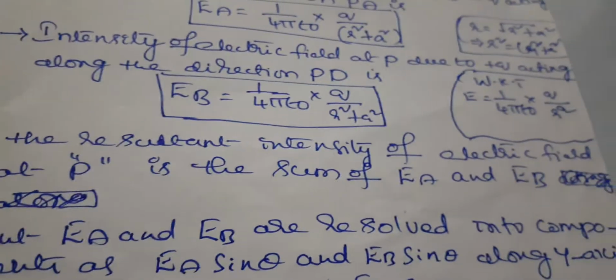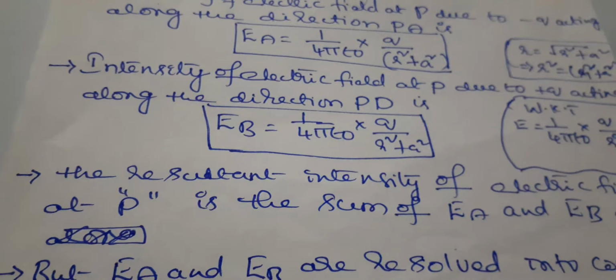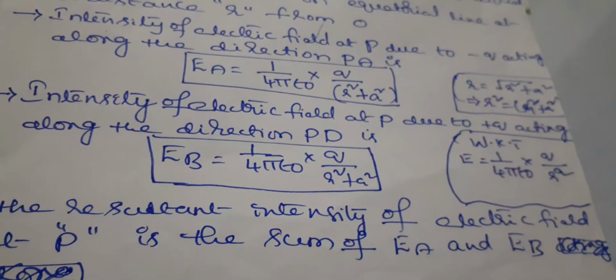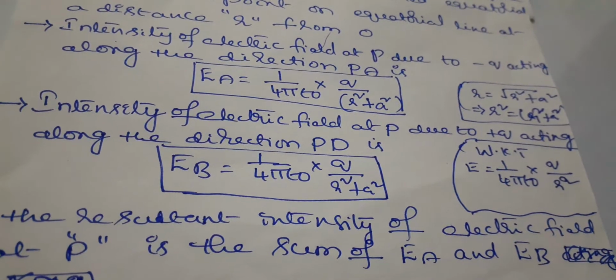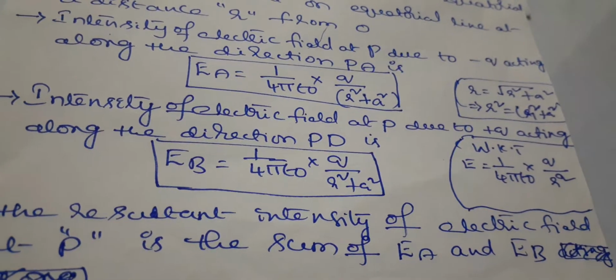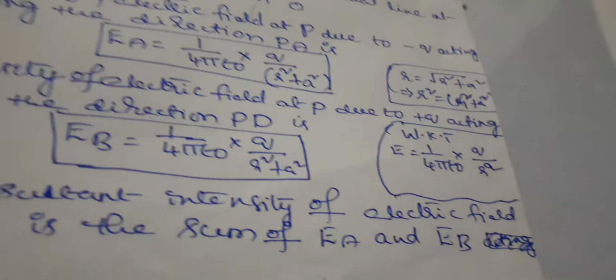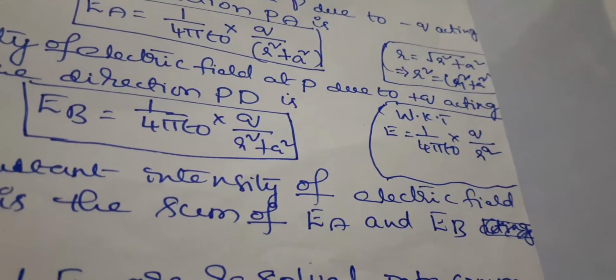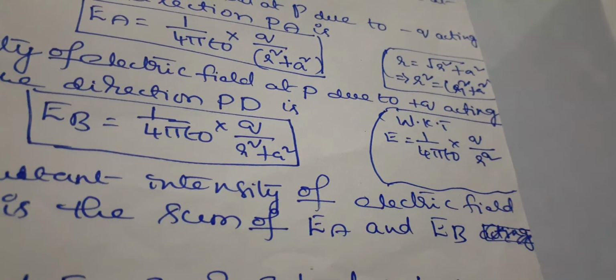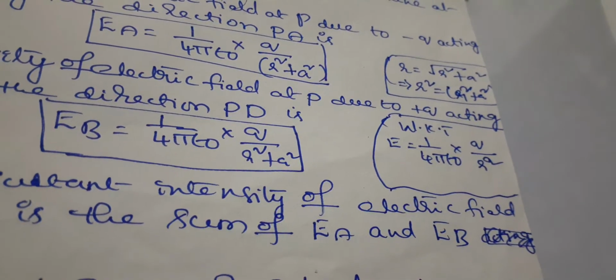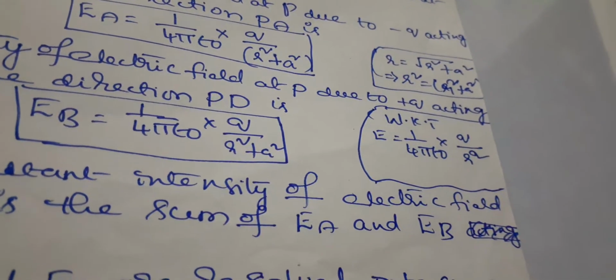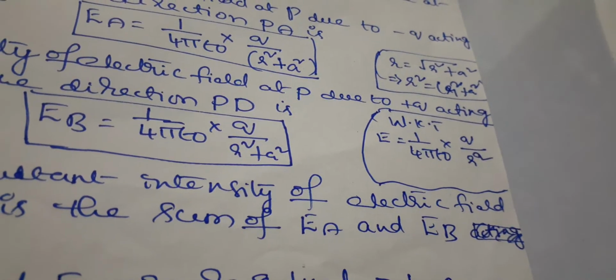So E B, the intensity of electric field at P due to plus q acting along the direction PD, is given by 1 by 4 pi epsilon naught q by r square plus a square. Here also, we know the formula for intensity of electric field 1 by 4 pi epsilon naught into q by r square, but r is the square root of r square plus a square, so r square is written as r square plus a square, students.